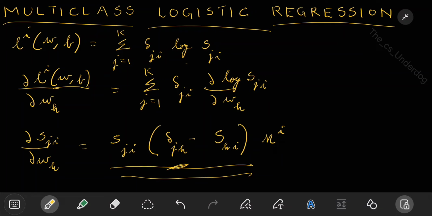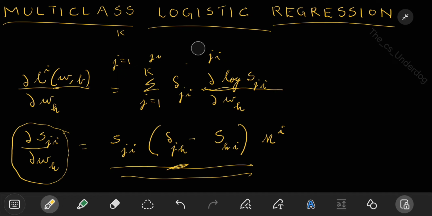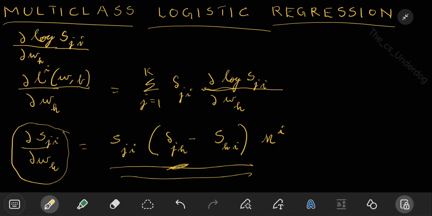Now you have to find the derivative of del by del wk of log Sji. Here you know the derivative of Sji. The next thing is you want to understand the derivative of log of this. So let me get that here: del by del wk of log of Sji.